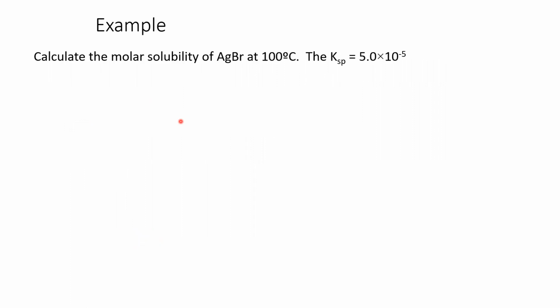All right, so let's look at this one. It gives us the KSP is 5.0 times 10 to the minus 5. We want to calculate the molar solubility of silver bromide. All right, so let's write the equilibrium reaction first.